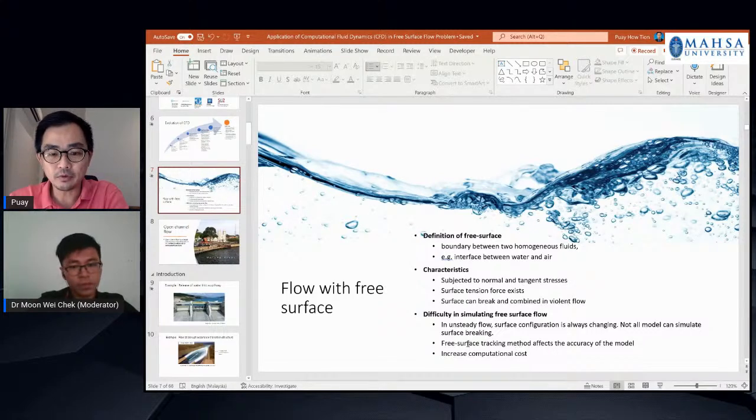So different types of free surface tracking methods have been introduced, and these methods always affect the accuracy of the model. A lot of research has been and is still being carried out to improve these free surface tracking methods and the accuracy of the model. Of course, they also affect the computational cost.